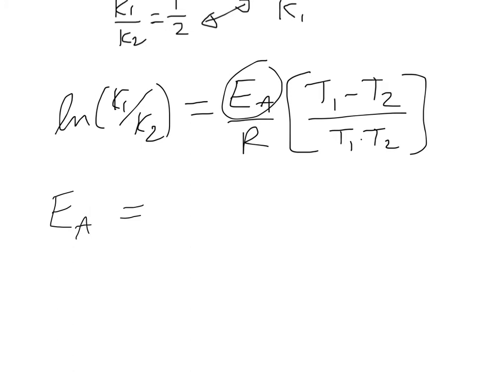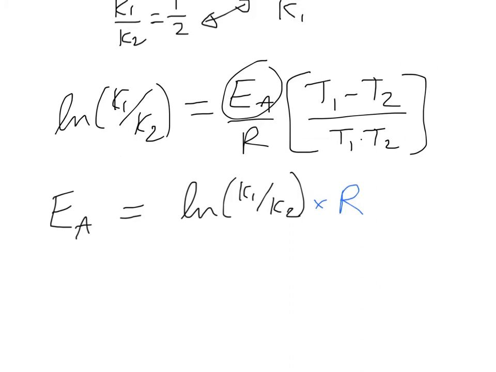On the other side, we've got the natural log of K1 over K2. And how are we going to get EA all by itself? Well, R we need to bring up to the top of the other side. So if we multiply both sides by R, that gives us EA without the R term. And we want to get rid of these temperature terms.